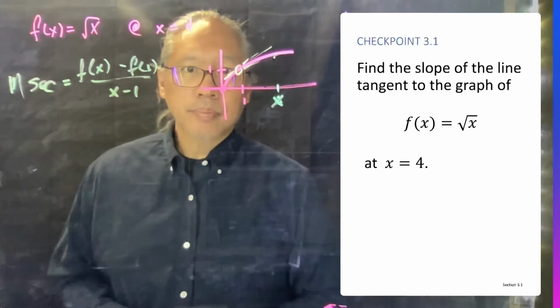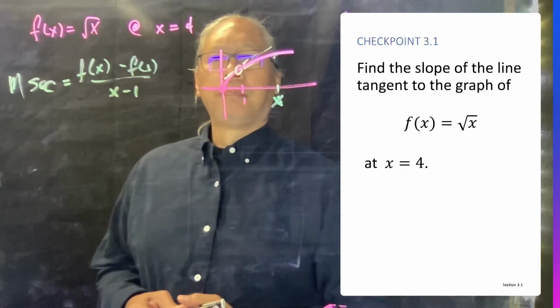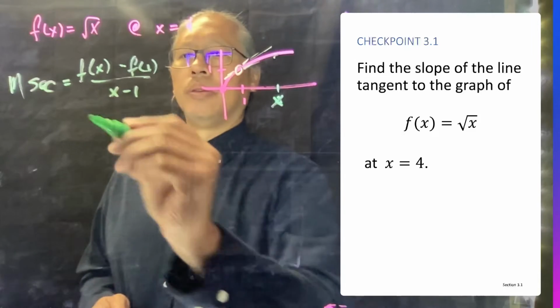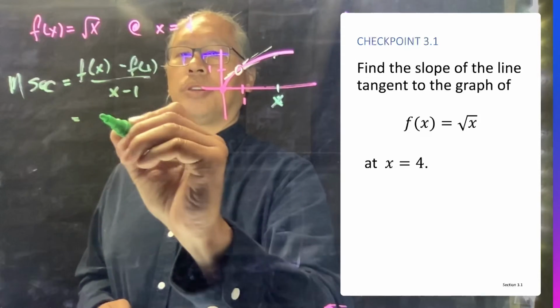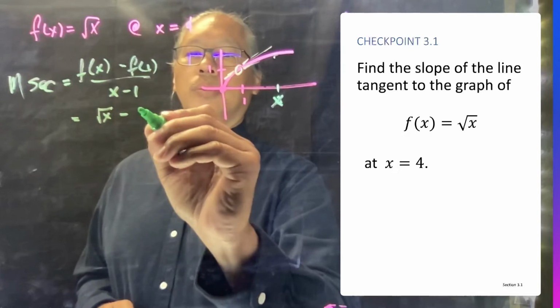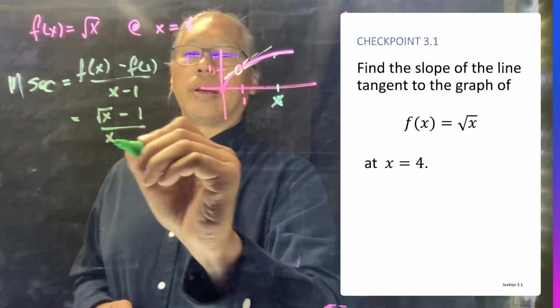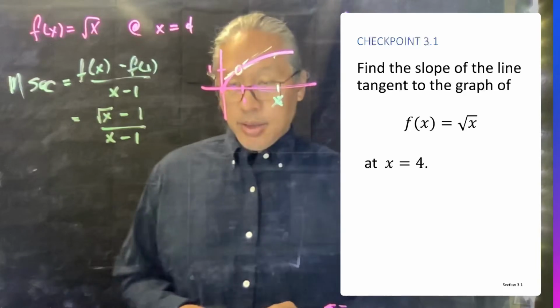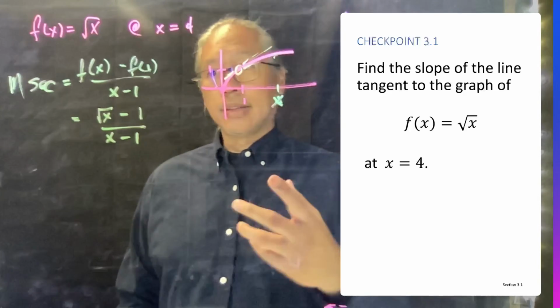Okay, now we're going to write this expression with an actual square root, and the square root of x minus the square root of 1, which is 1, divided by x minus 1. All right, so that's the secant line.